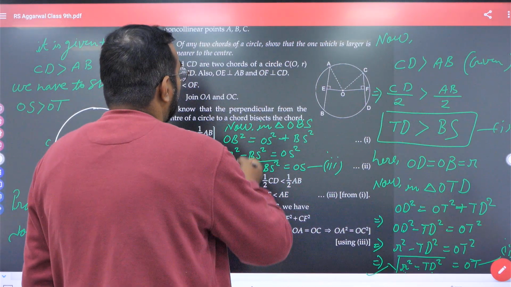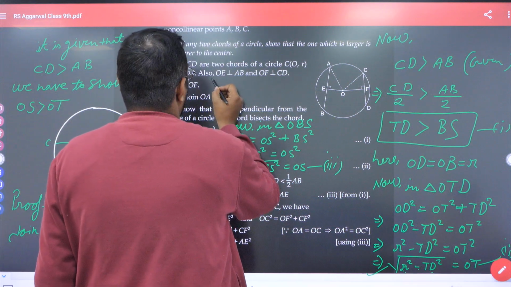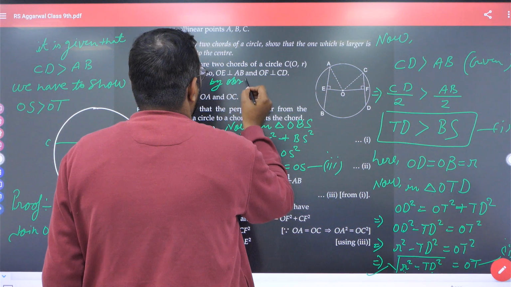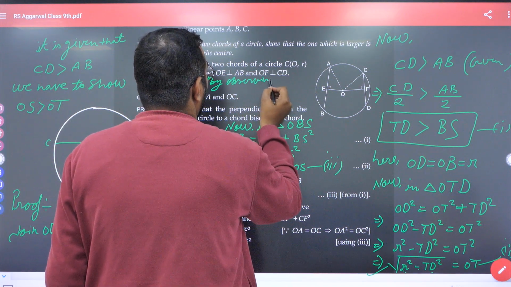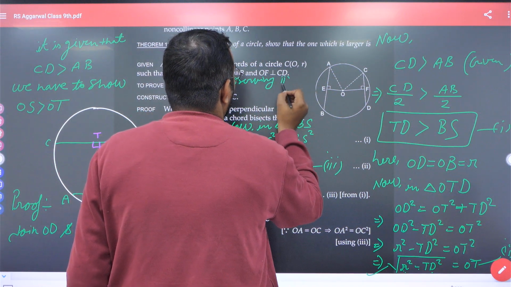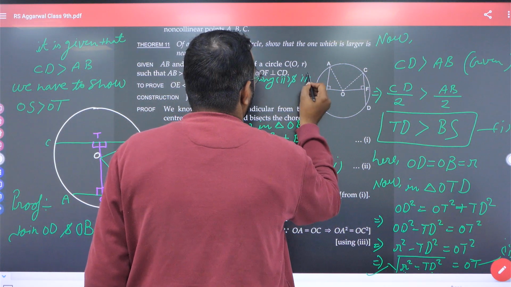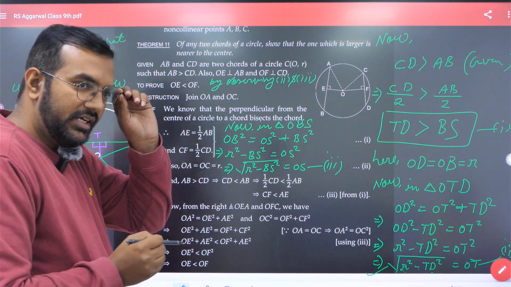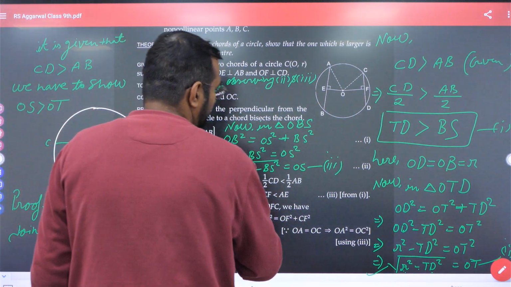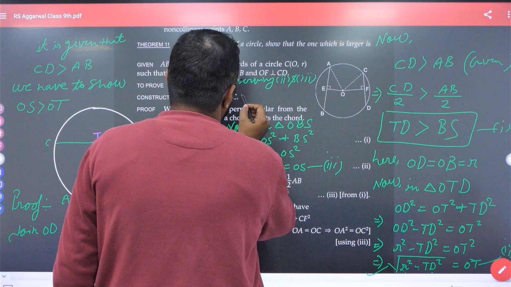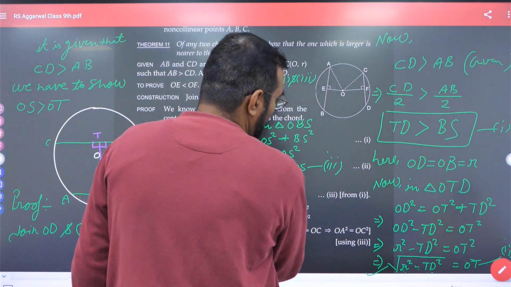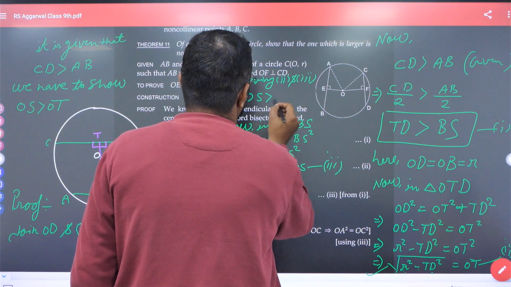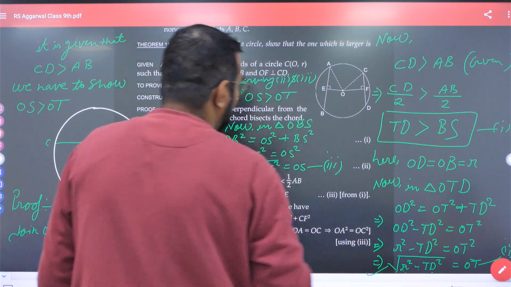So we can write by observing second and third. Okay, beta? By observing second and third, what we can say? We can say that OS is greater than OT, right?